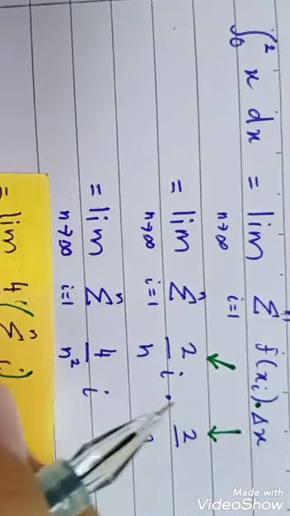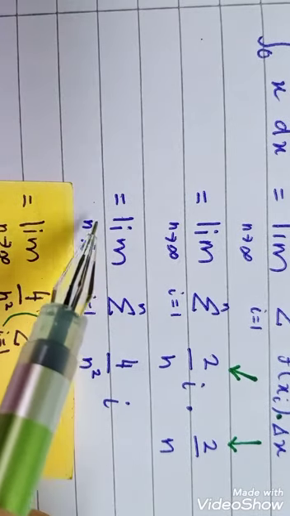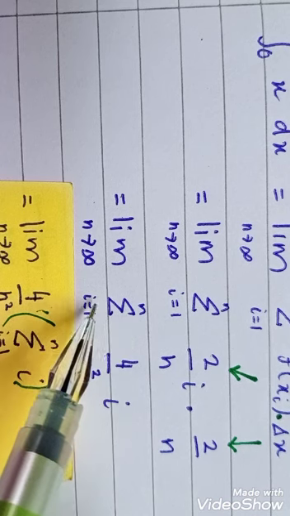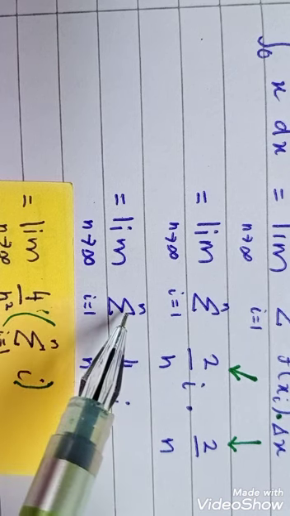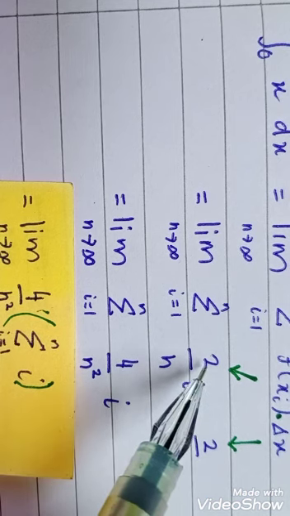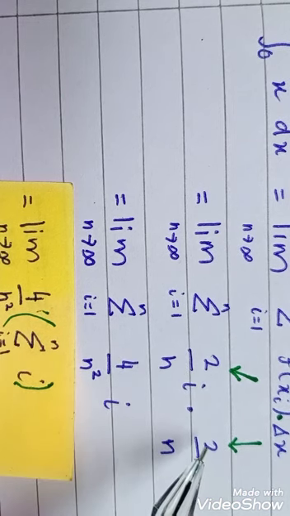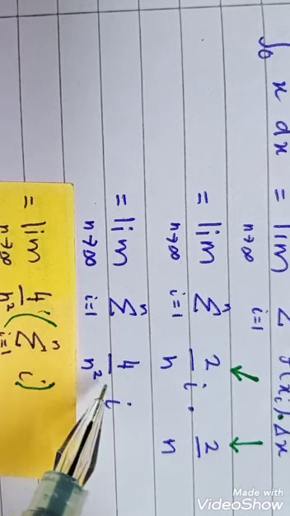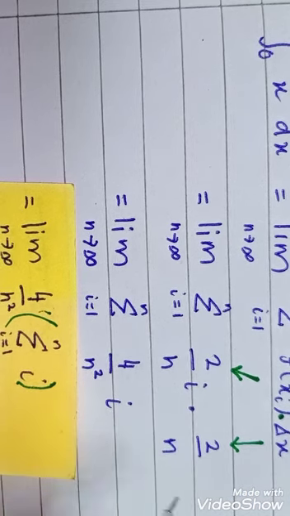So the limit as n approaches infinity of the sum from i equals 1 to n of 2 over n times 2 over n is equal to 4 over n squared times i.